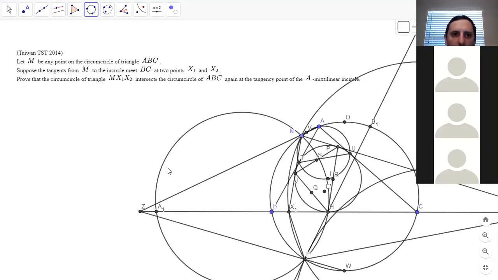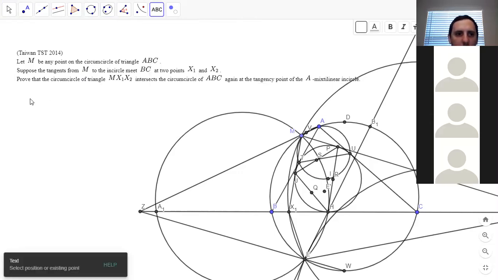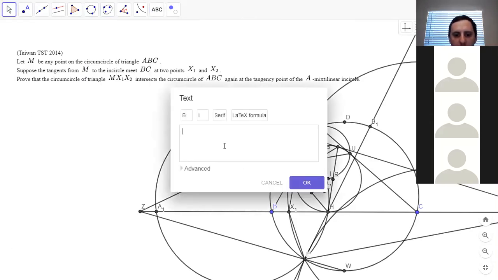All right, so first I'm going to do Serdar's solution. So invert with respect to I with radius R, which equals the inradius. Okay.